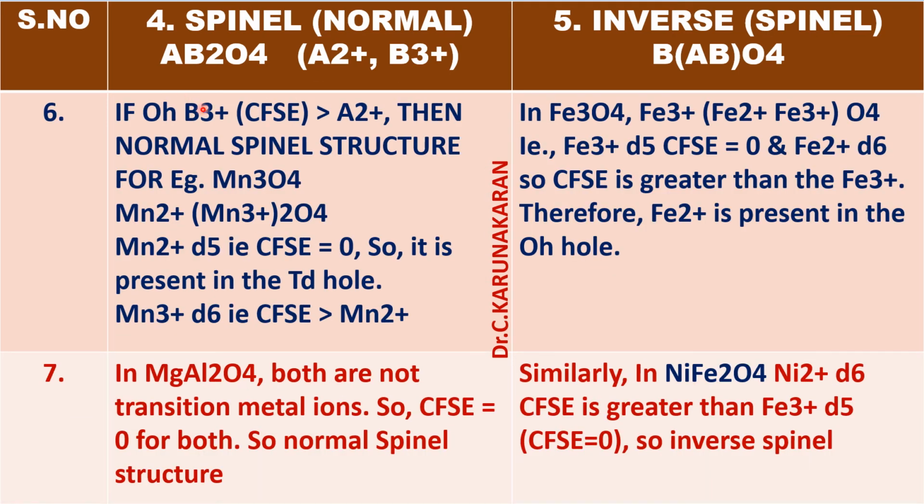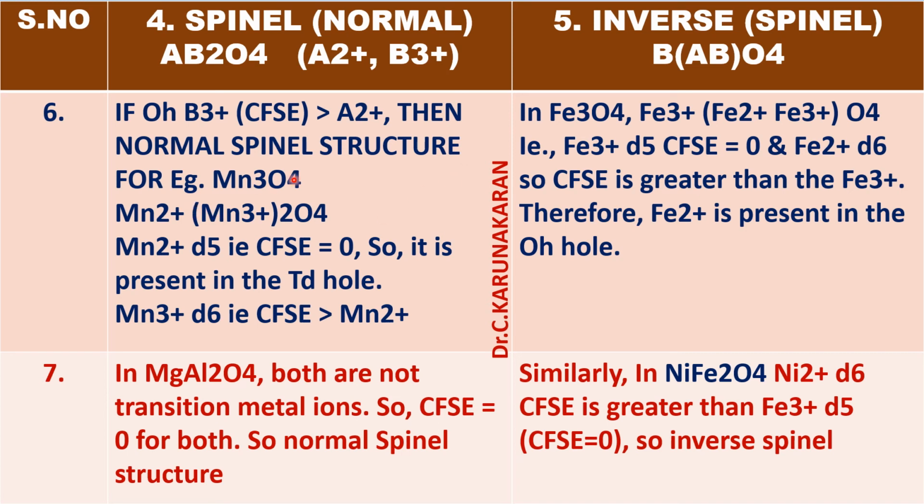Now we will see the reason why Fe3O4 forms inverse spinel, and why Mn3O4 forms normal spinel. These are often asked in GATE, CSIR, even in JAM, NEET, etc. If the crystal field stabilization of trivalent ions in octahedral holes is greater than that of A2+, then the normal spinel structure is observed.